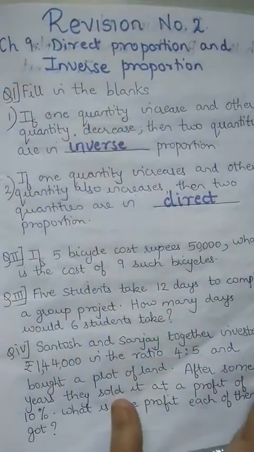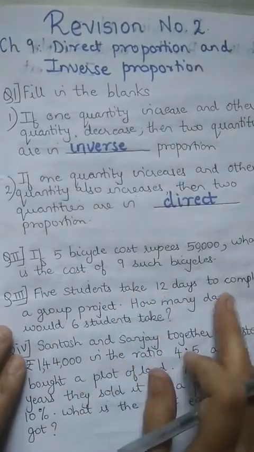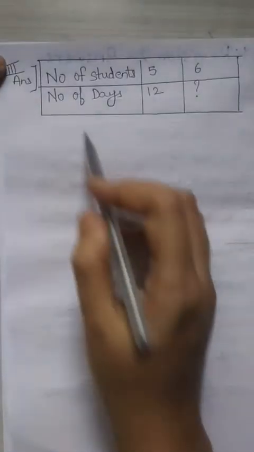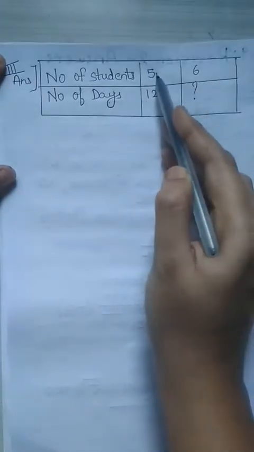So, let us write now the question over here. First, what is given? Number of students and number of days are given. So, we will write that. I have written over here number of students and number of days. 5 students take 12 days to complete a group project. 6 students take how many? So that how many you can put it as x. So what you will write over here?